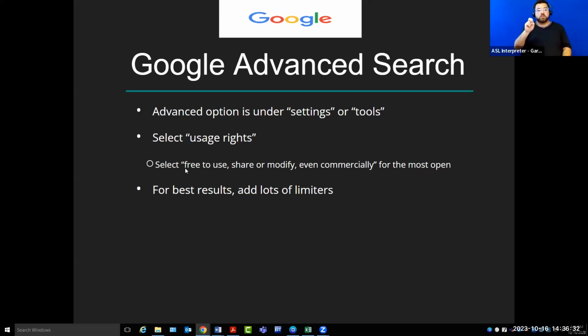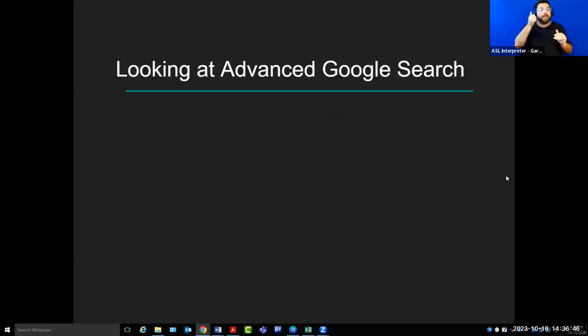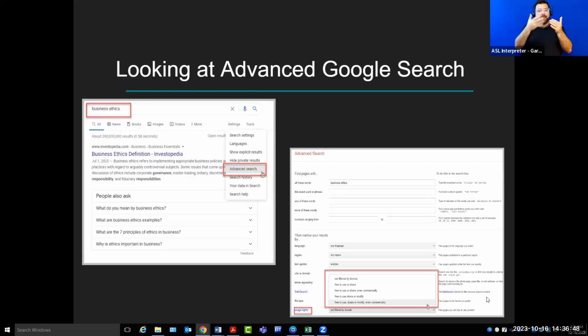And then for the most open, you would select Free to Use, Share or Modify, even commercially, and that's the most open choice. And then for best results, add lots of limiters. So it looks something like this. This one has it at the top. Mine had it at the bottom, so it probably depends on your computer or your version.